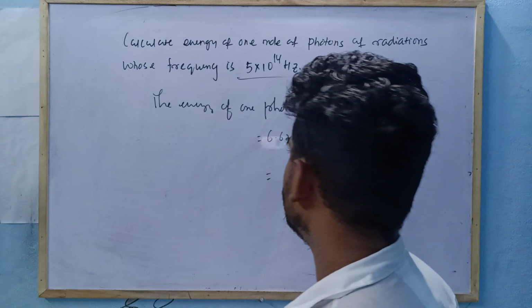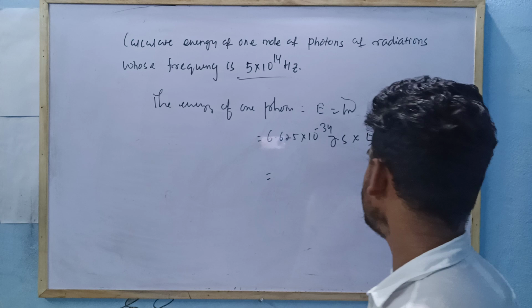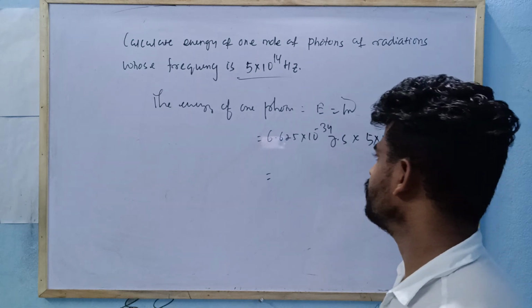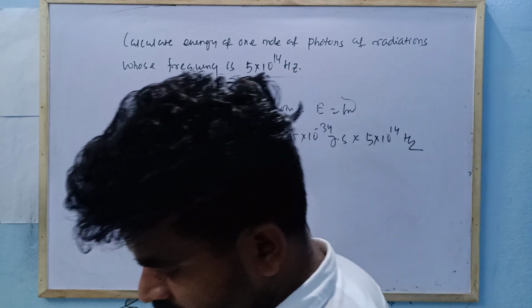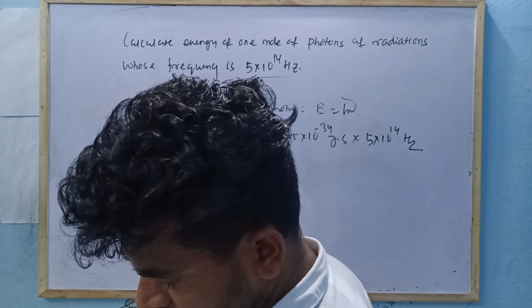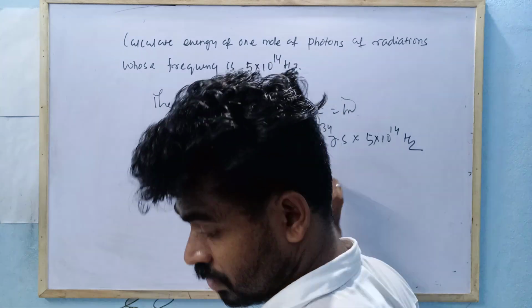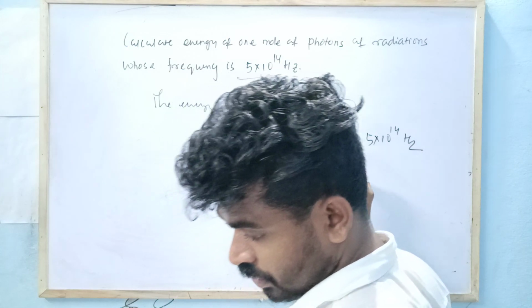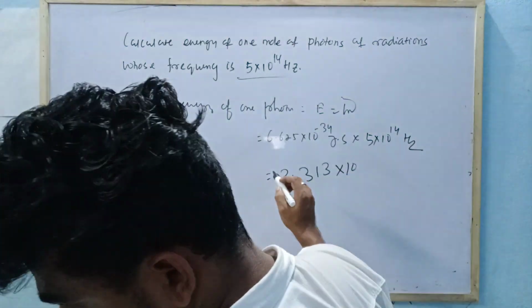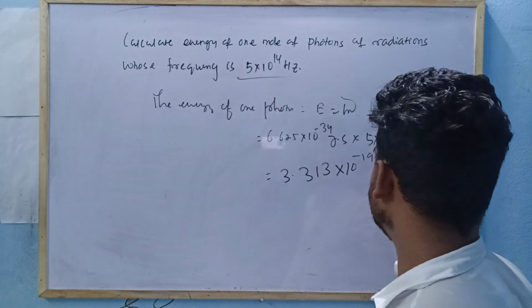The energy of a photon will come in the unit of joules. If you multiply this, its value comes out to be 3.313 into 10 to the power minus 19 joule.